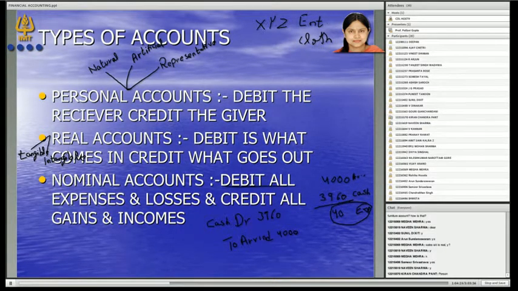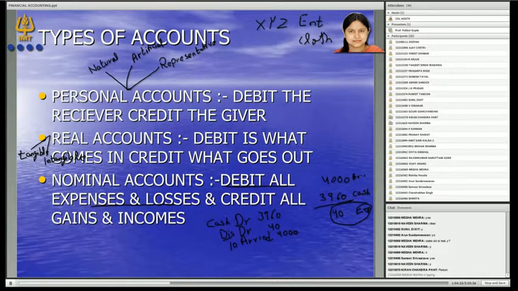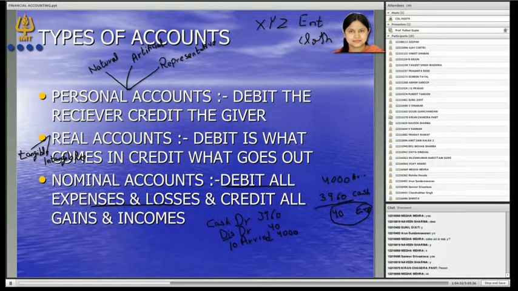Nominal account rule says debit all expenses and losses, so discount debit 40. This is how the entry would be framed. In any case, we have to balance the debit amount with the credit amount. Is it clear with everyone?